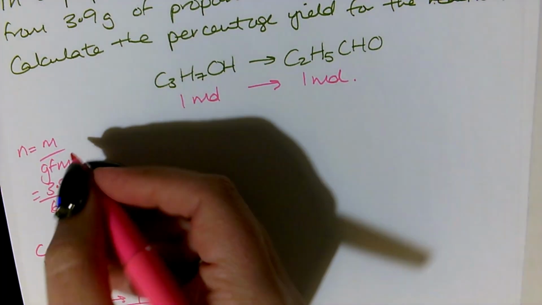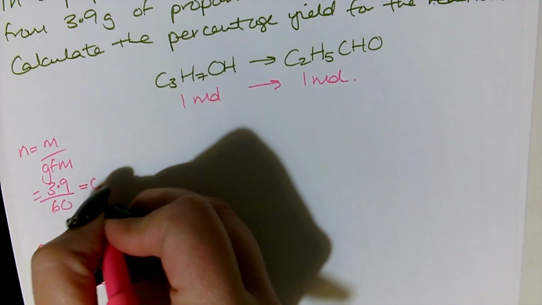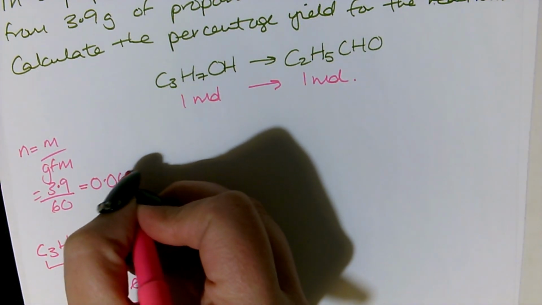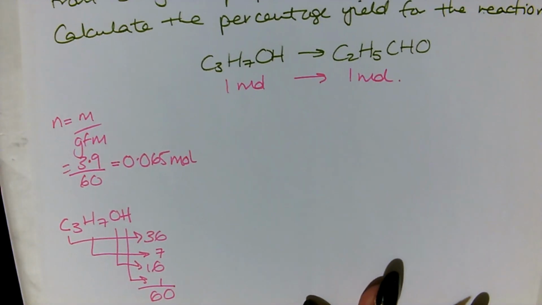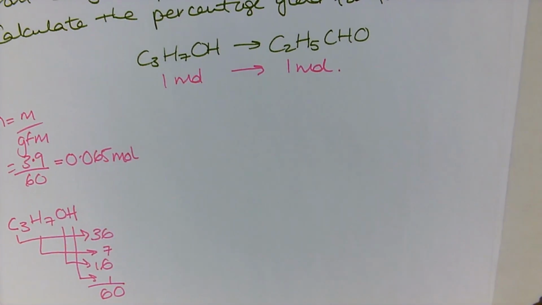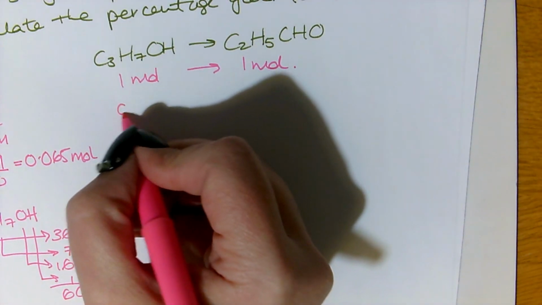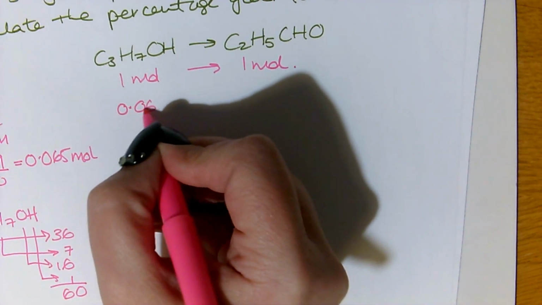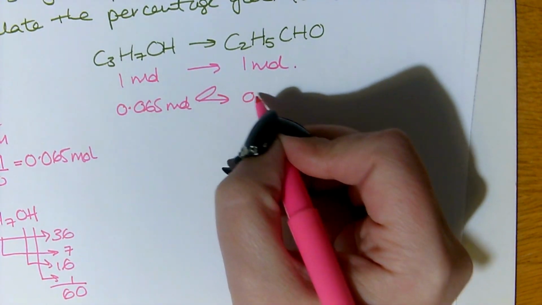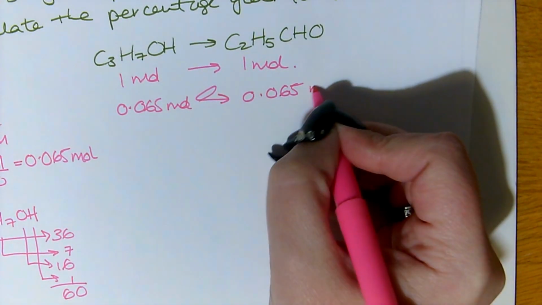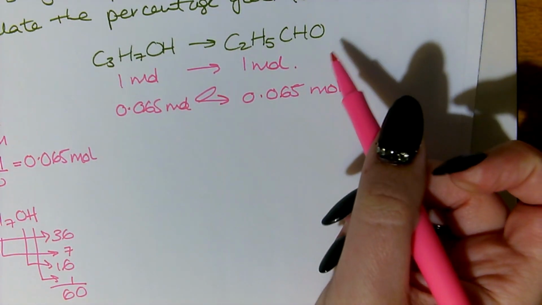So 3.9 divided by 60 will give you 0.065 moles. Now, since it was a nice 1-to-1 mole ratio, we can just pop 0.065 moles up here, and it will of course be the exact same on this side, 0.065 moles of propanal that has been made.